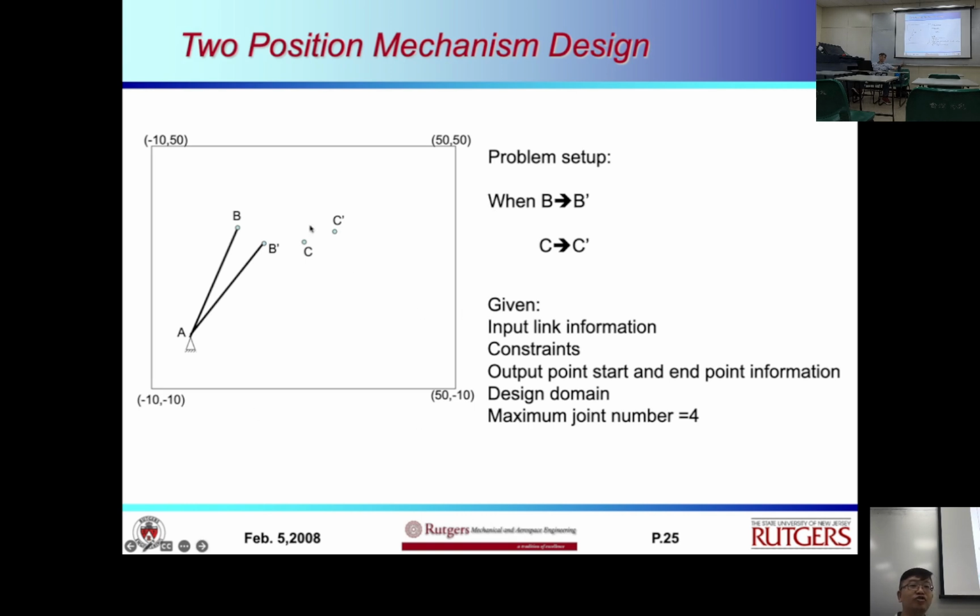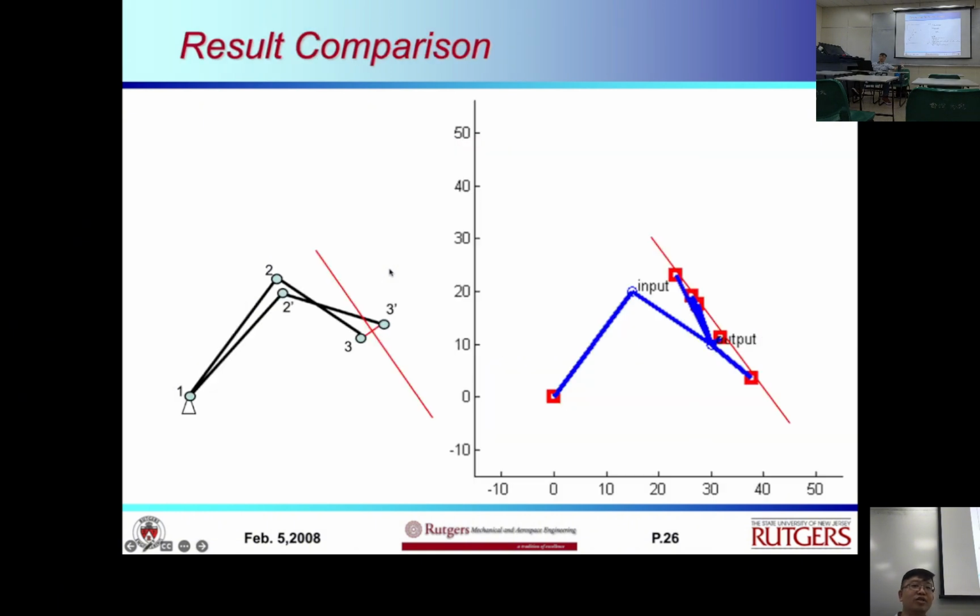Okay, and she's going to design a four-bar linkage. So on the left is trying to illustrate that you can use a graphical approach to find all the joint positions, and joint 4 can be anywhere on this straight line by the graphical approach.